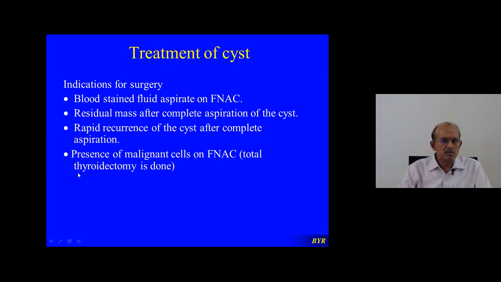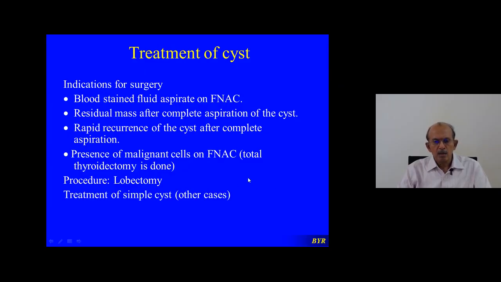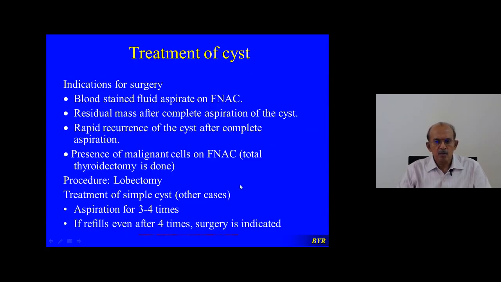The procedure is lobectomy operation. If these are not there, you call them a simple cyst. You can aspirate 3 to 4 times. If it refills even after 4 times, surgery is indicated.